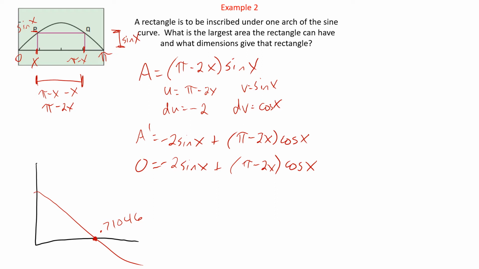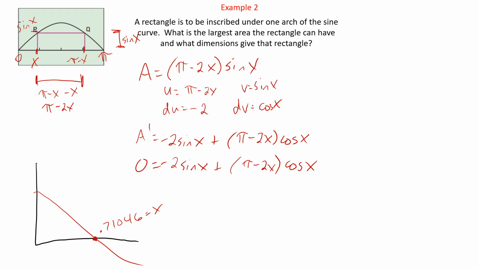So that would be the x value, 0.71046. The question was not asking what is x. The question is asking what is the largest area the rectangle can have and what dimensions give that rectangle.